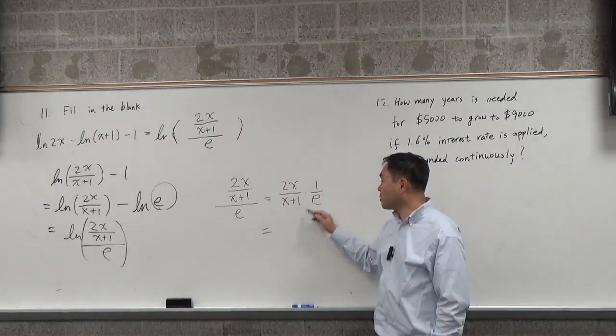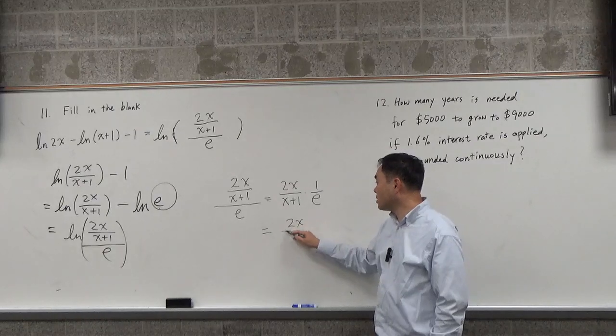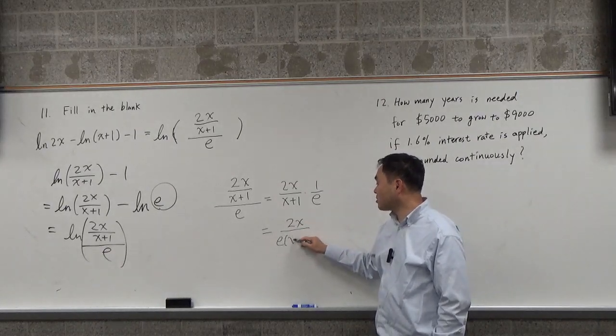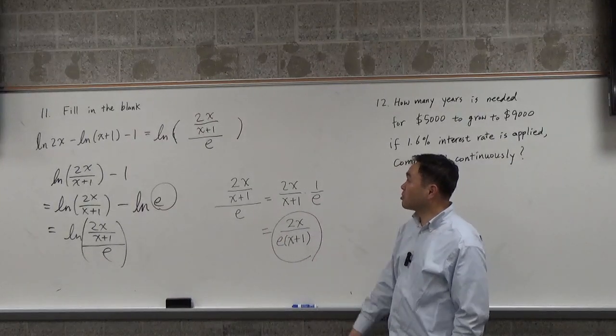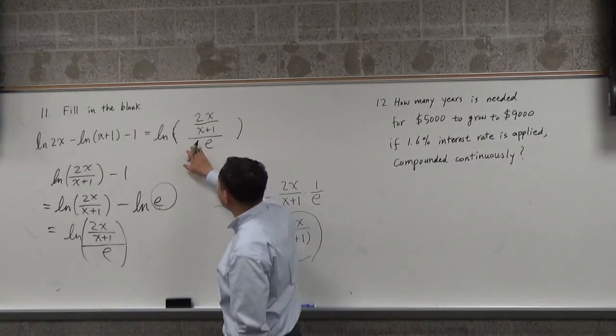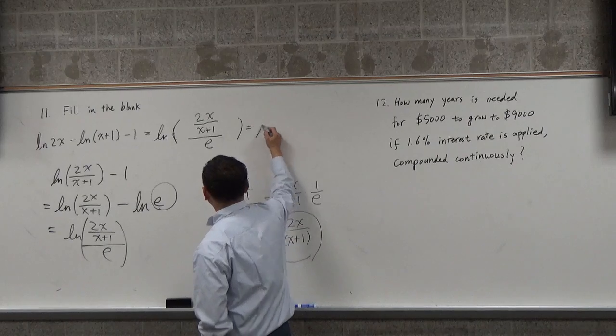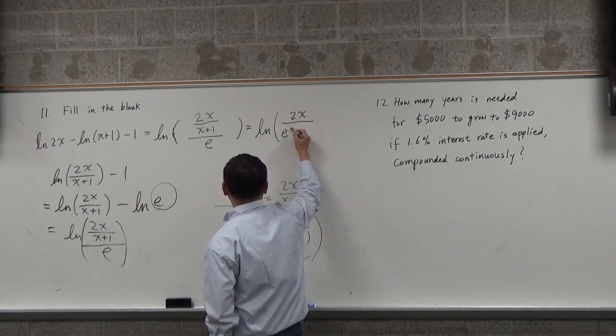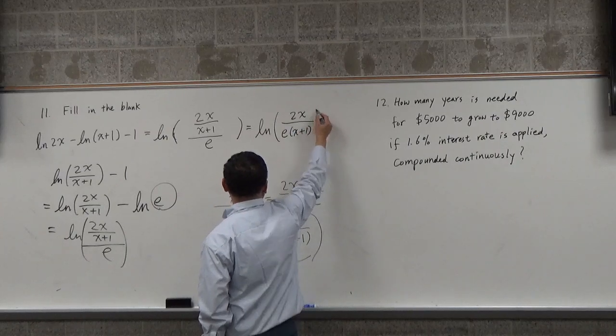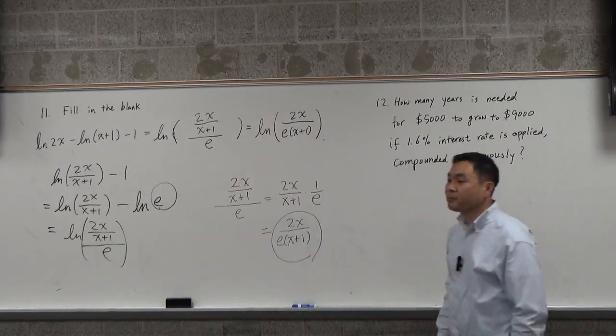Top to top, bottom to bottom. So you have 2x on the top, and the bottom is e times x plus 1. So this is full credit, but not so good. The better solution is 2x over e times x plus 1.